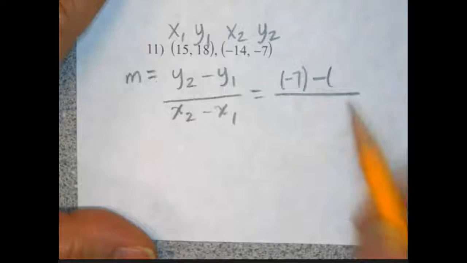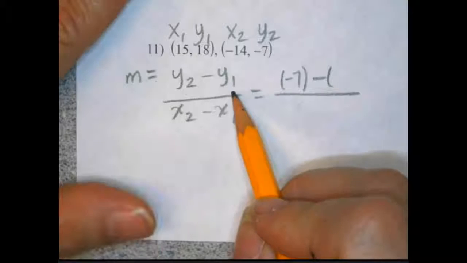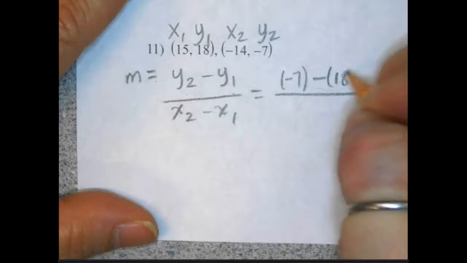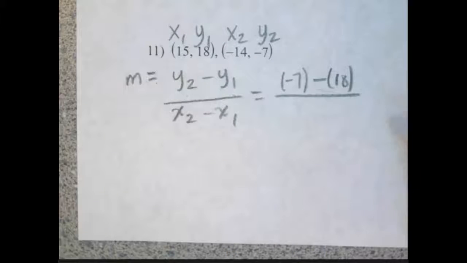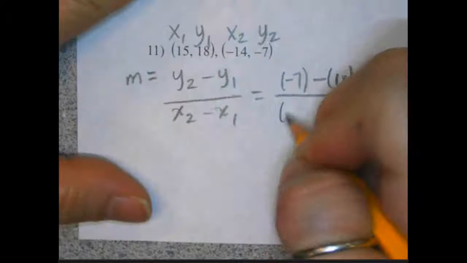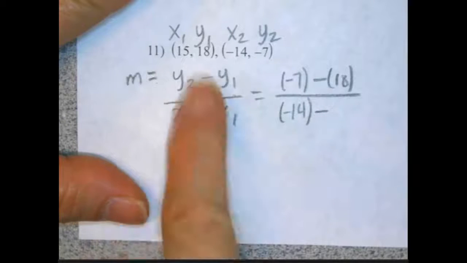Let's go ahead and start my parentheses. What's my value for y1? Okay, so what's my value for x2? Always minus. And what's my value for x1?